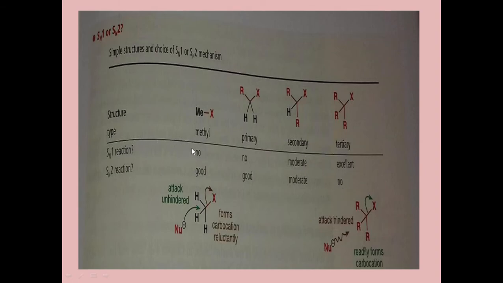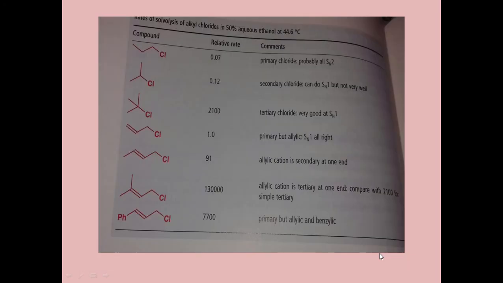In SN1 and SN2, secondary carbocation performs moderately. In primary, SN2 is good, but SN1 does not take place. Here, unhindered, it will attack from here. It forms carbocation reluctantly and attacks hindered. Readily forms carbocation. We will see some more examples.